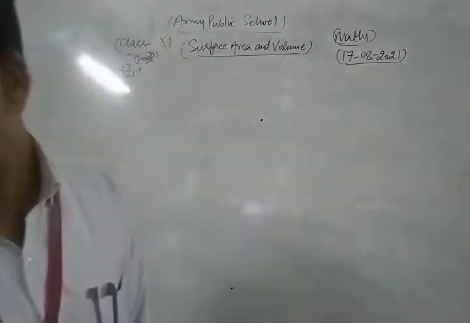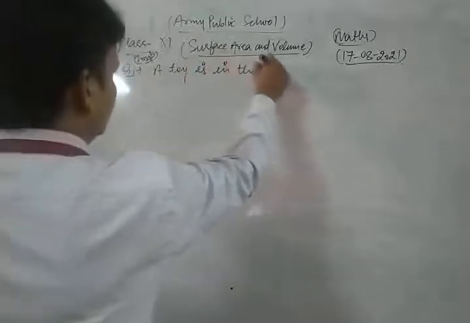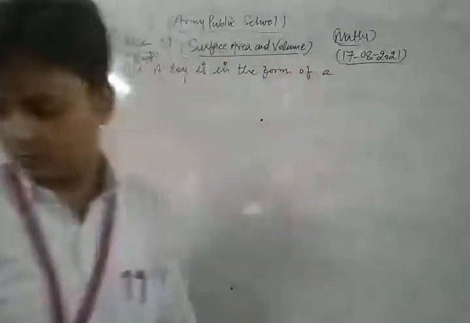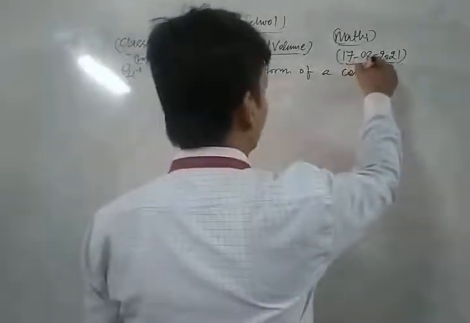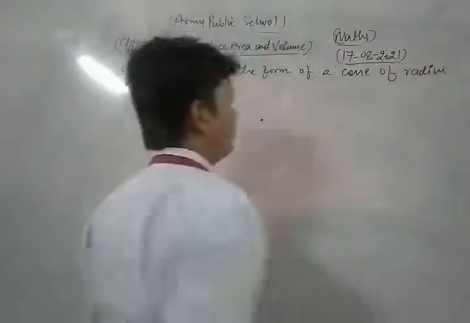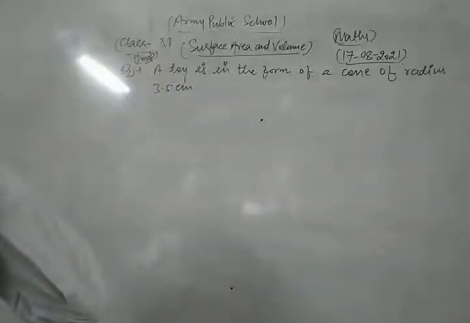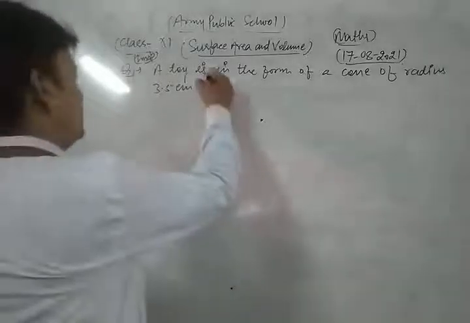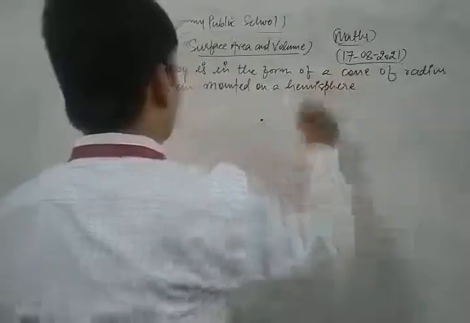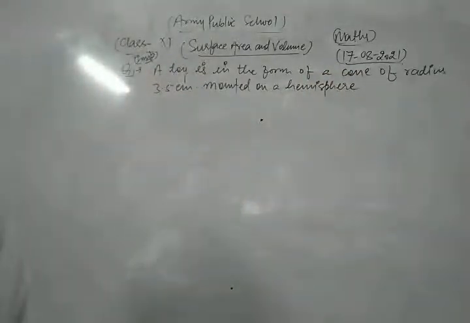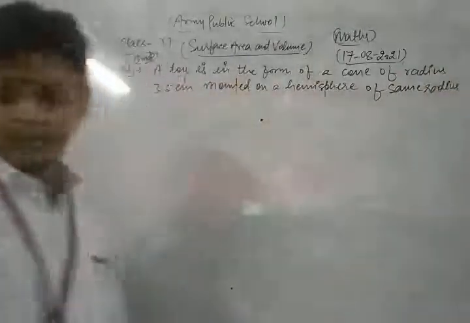And the question is, a toy is in the form of a cone of radius 3.5 centimeter, mounted on a hemisphere of same radius.